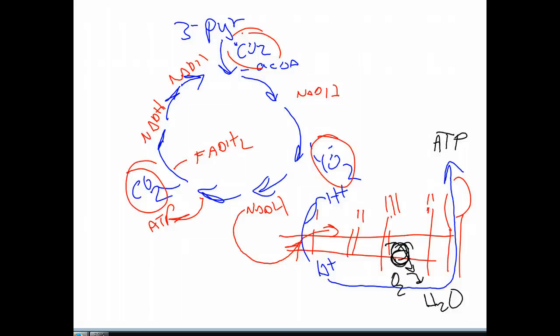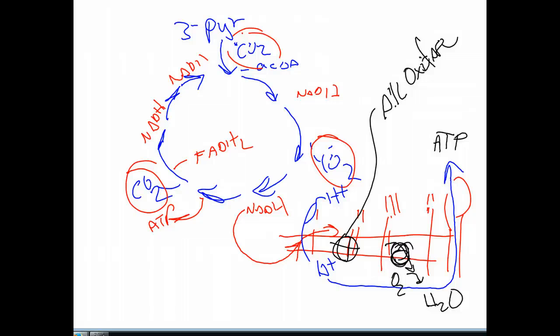But what we've found over time is that close to the start of electron flow, there is, let me draw it up here, an alternate oxidase, which takes oxygen and converts it into water. And it's not affected by cyanide.